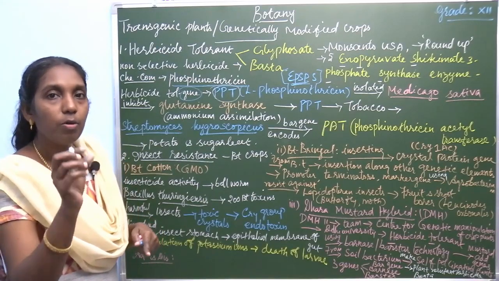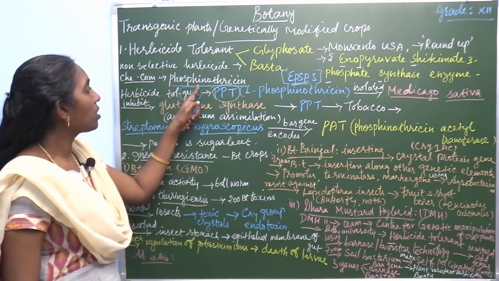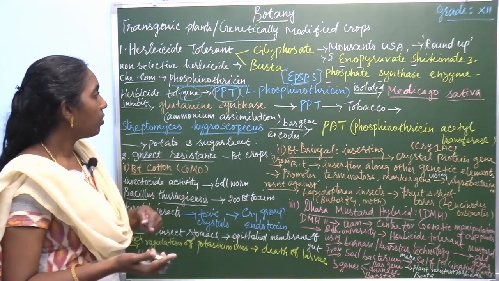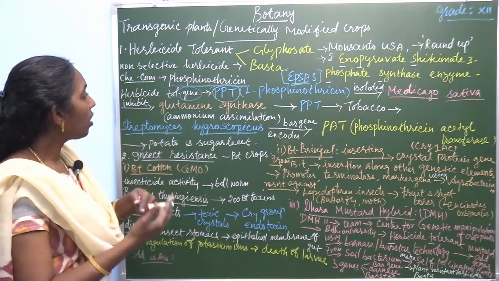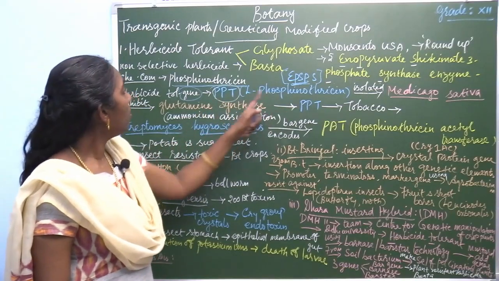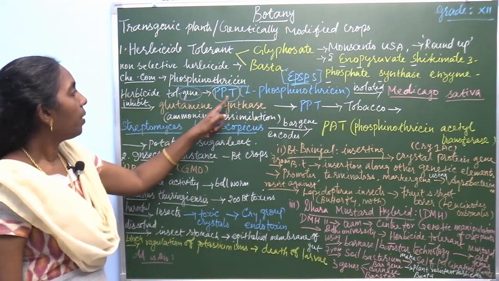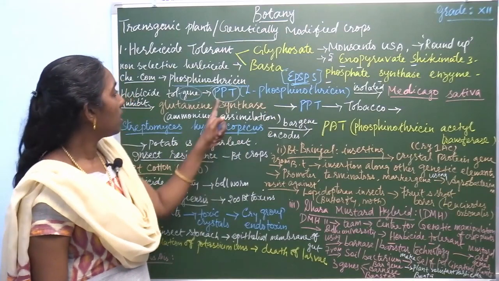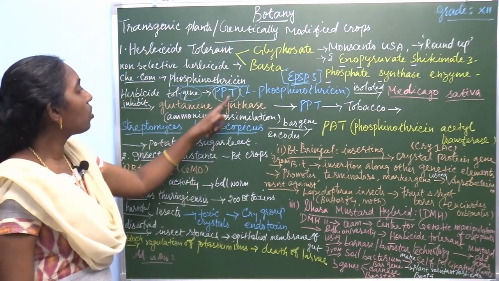The chemical compound present in Basta is phosphinothricin, and the herbicide tolerant gene is PPT, L-phosphinothricin. So the plant has to tolerate against this.